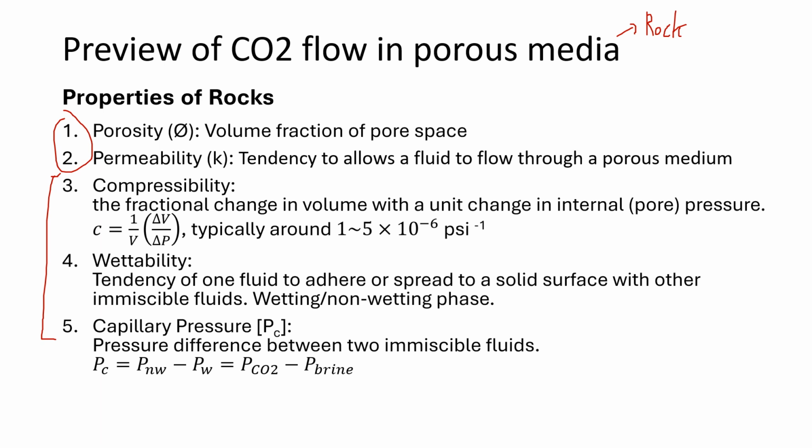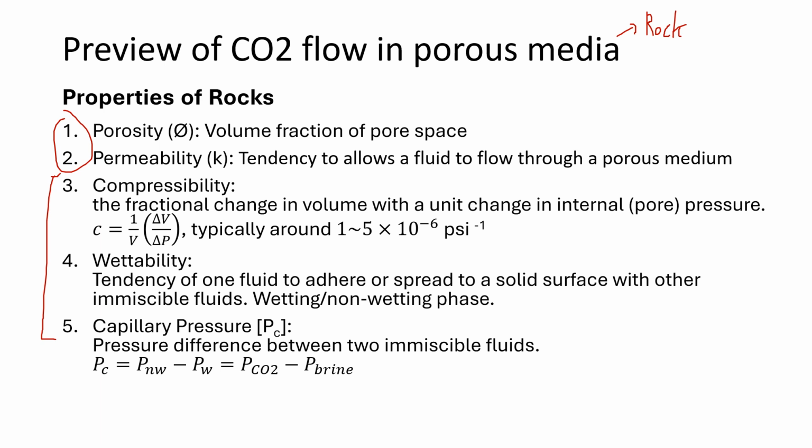The rock is not 100% incompressible. Depending on the pressure changes within the pore, that rock sample and the rock formation also change their volume. So basically, compressibility is defined as 1 over the volume times the volume change for a given pressure change in the pore.